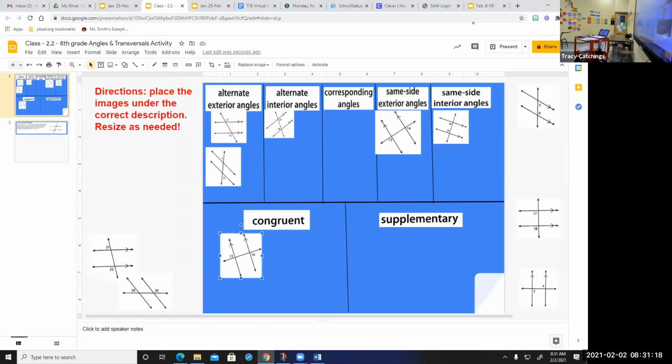All right, somebody pick out another set of angles. 29 and 30, same side exterior angles.